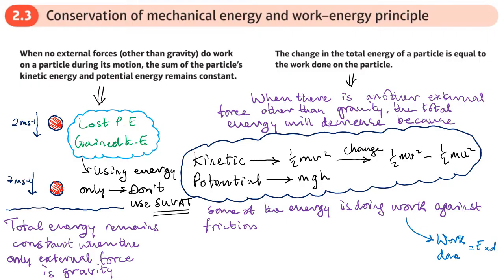So quite often we might get a question where we've got some sort of particle on a slope like this, and maybe it's sliding down the slope. It increases speed from u to v. It also drops some height, so that would be that bit there, and we can use Pythagoras to work it out.